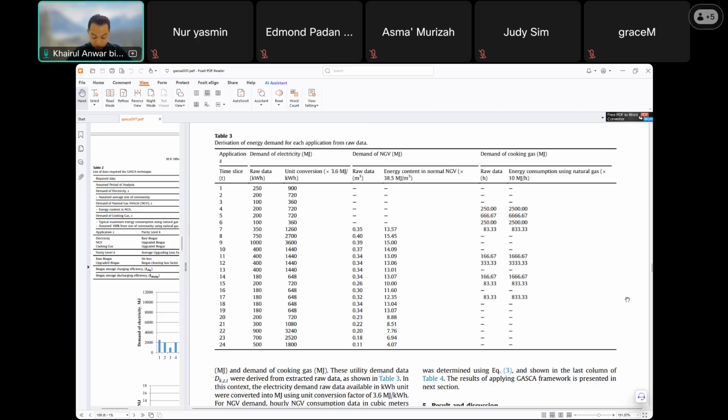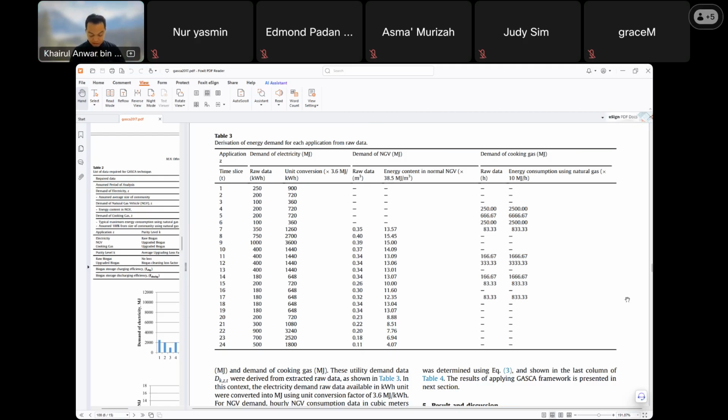For cooking gas demand estimation, the data regarding fraction of time in which cooking gas was supplied for cooking per household was approximated, multiplied with the total number of households involved in the case study to determine the hour equivalent quantity of cooking gas.